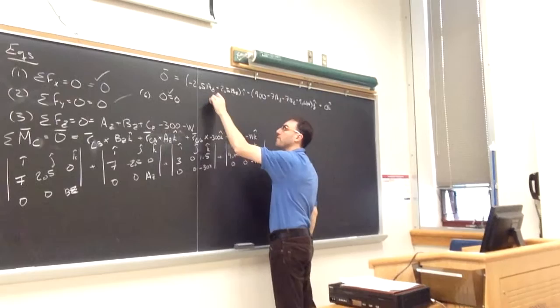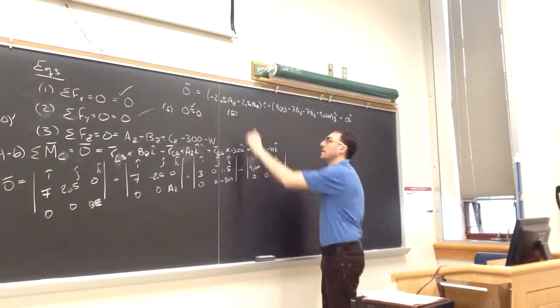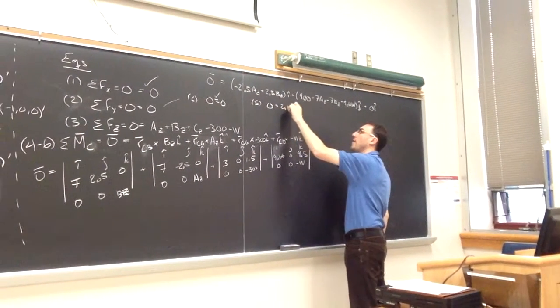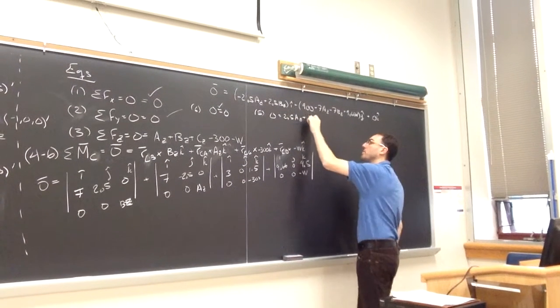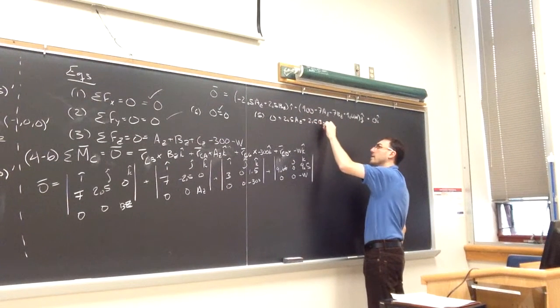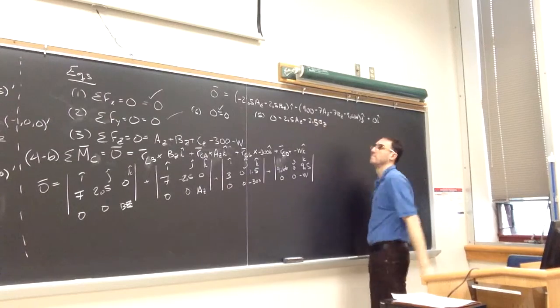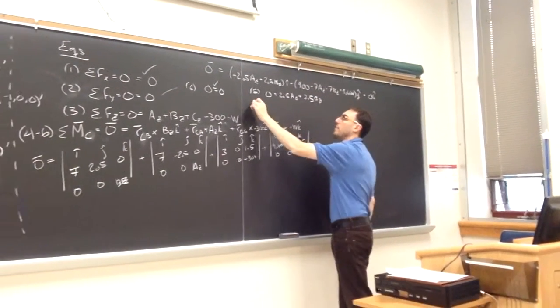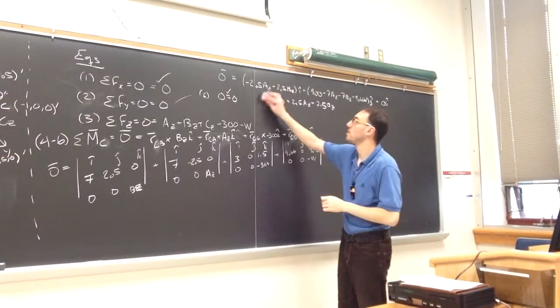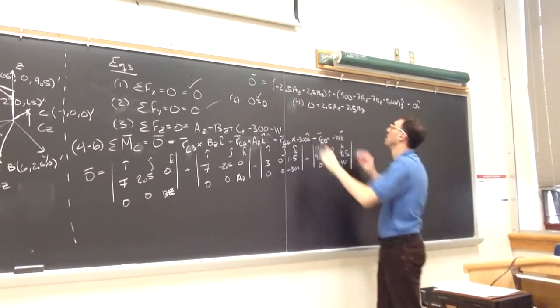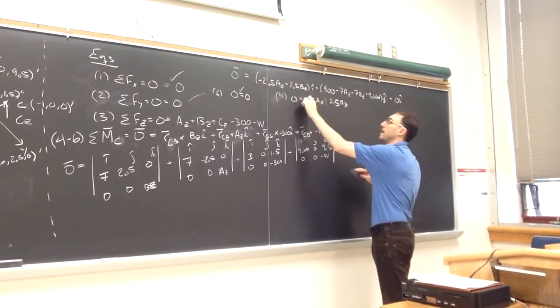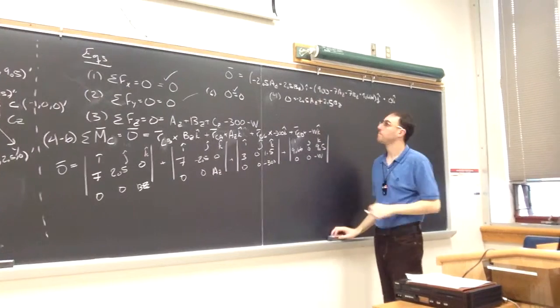But in my equation 4, I get that 0 is 2.5 AZ plus 2.5 BZ. Right, that's negative, this one's positive.